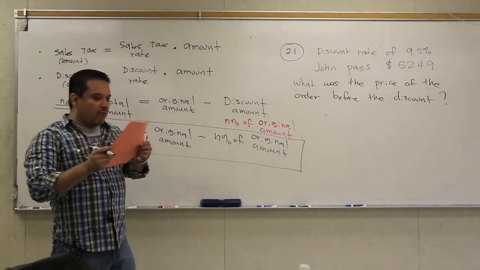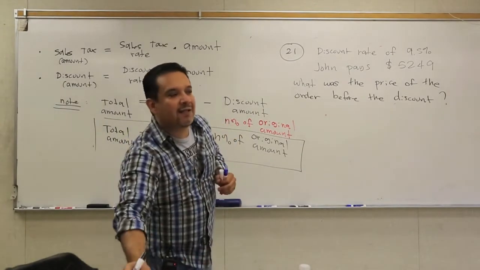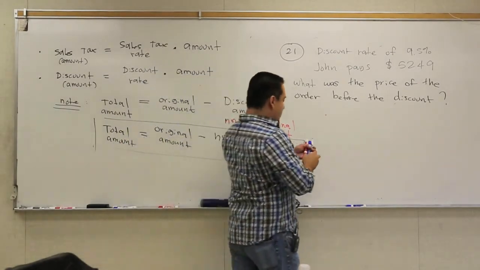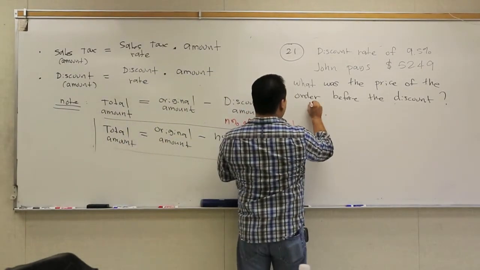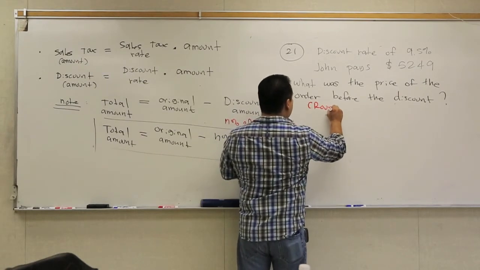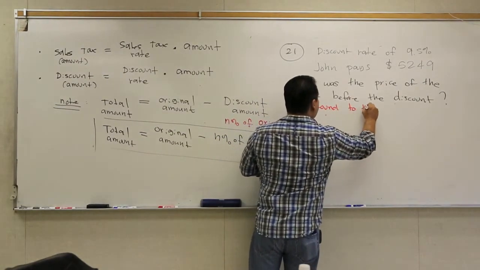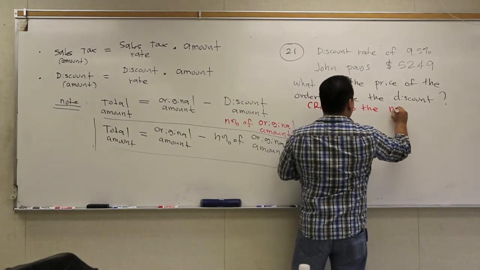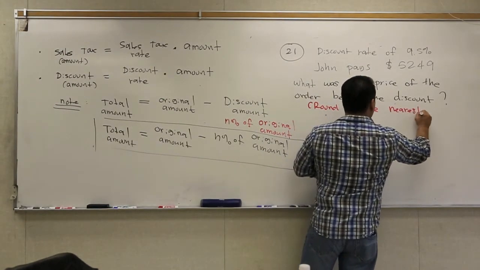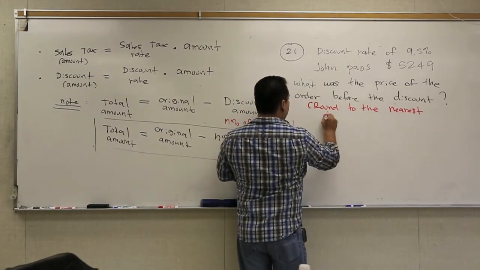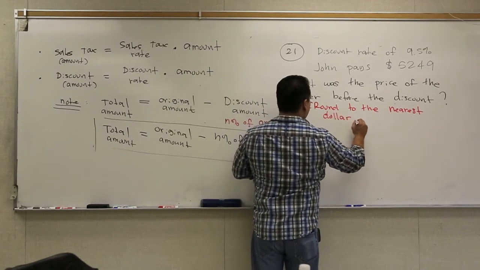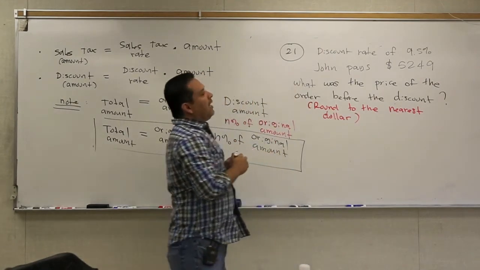And on number 21, look at the instructions. What did they say in number 21? They gave us a break. Round to the nearest what? Dollar. They gave us a break.